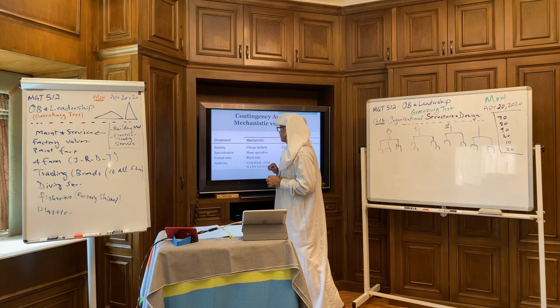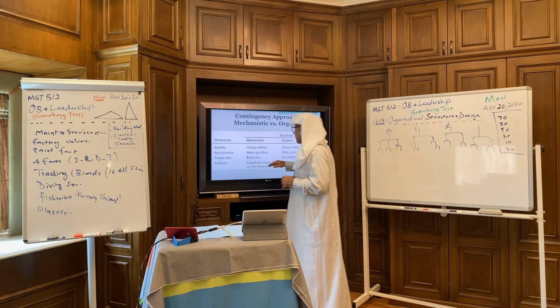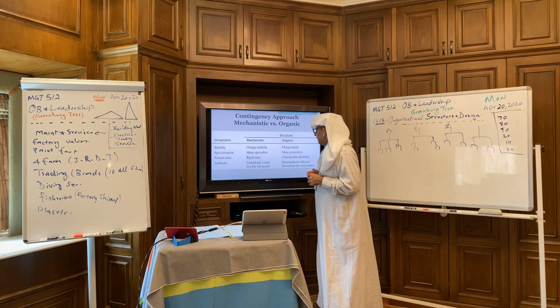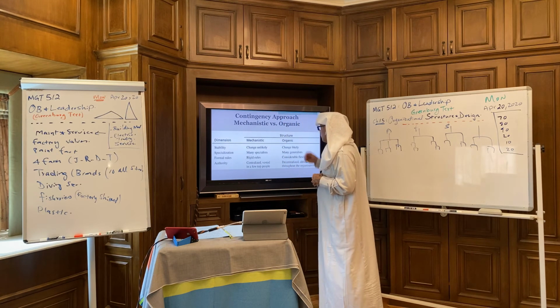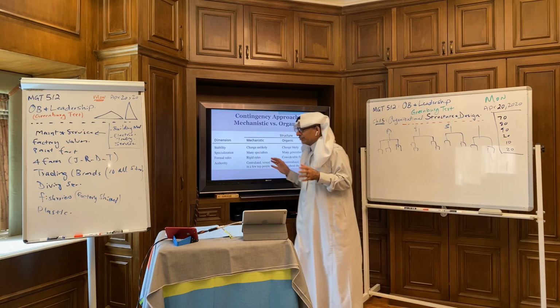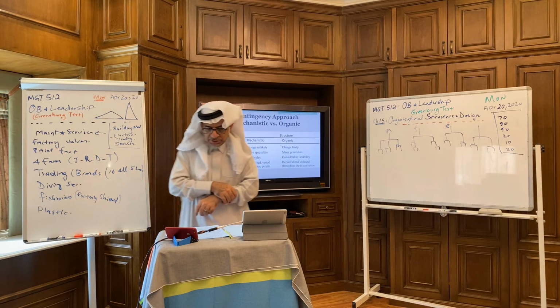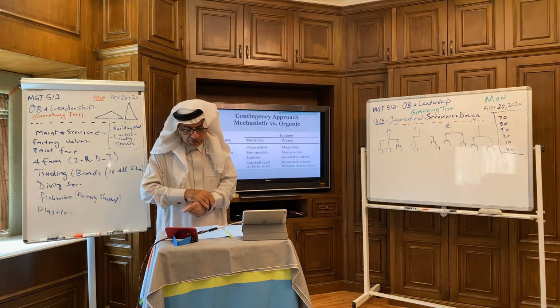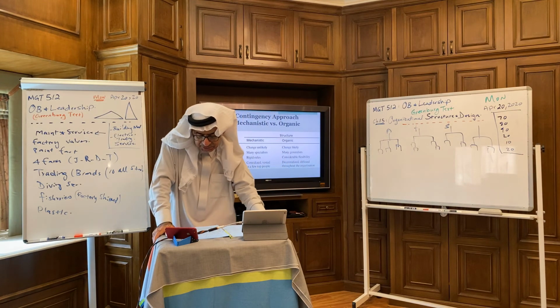Authority: mechanistic is centralized, vested in a few top people, while organic is decentralized, diffused throughout the organization. Therefore, this is the difference between mechanistic and organic structure.